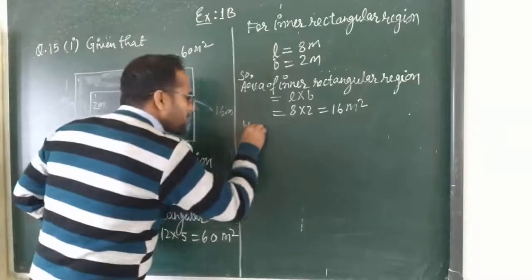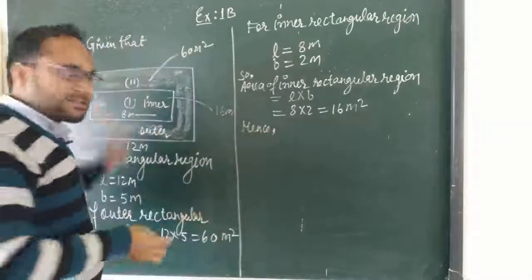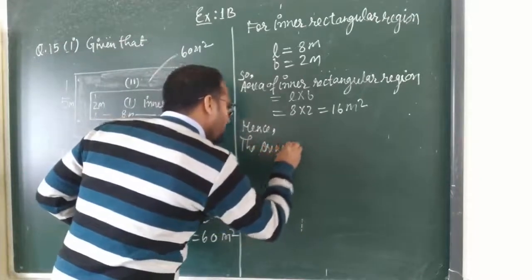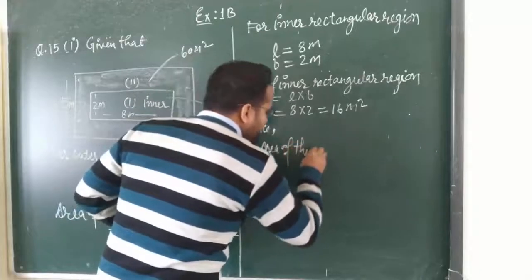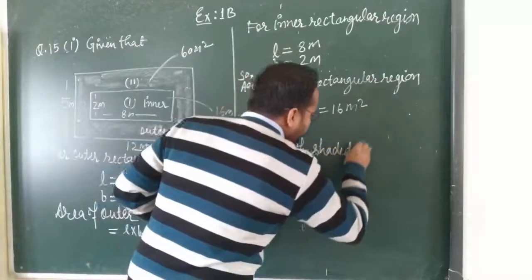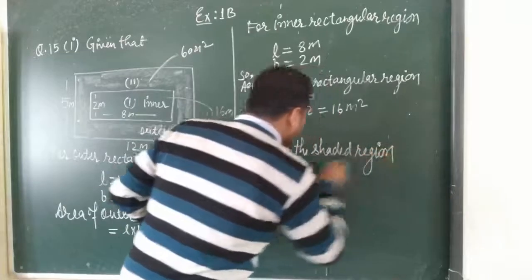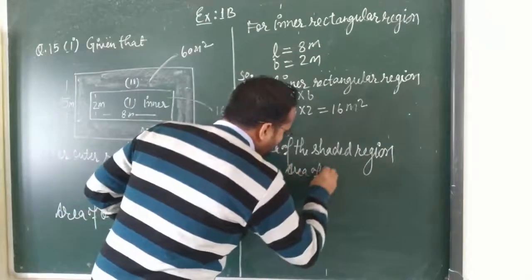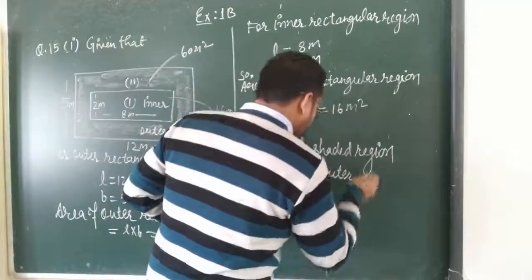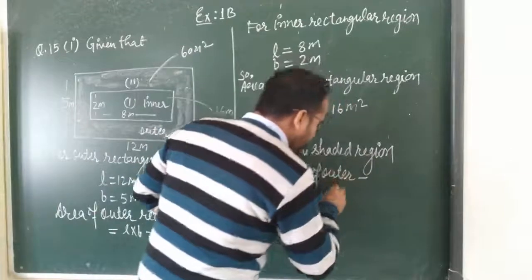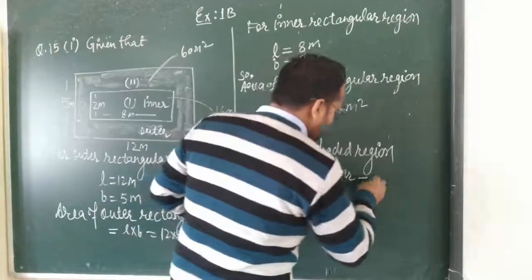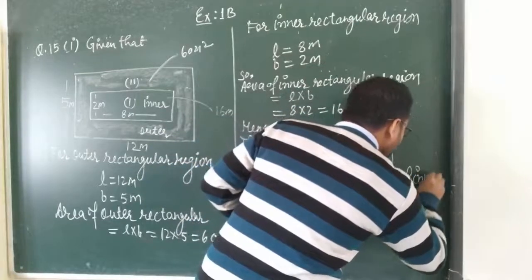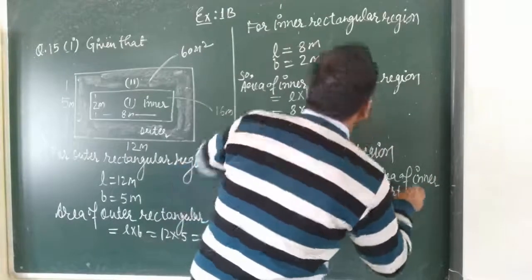Hence the area of the shaded region is equal to area of outer region minus area of inner region.